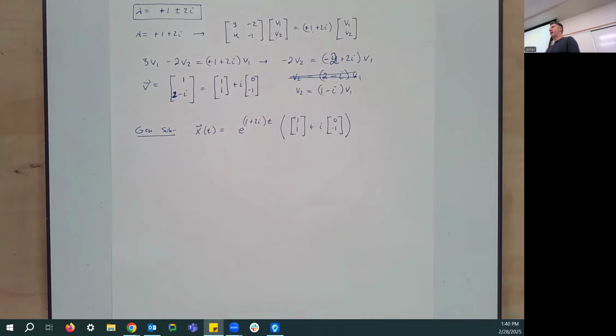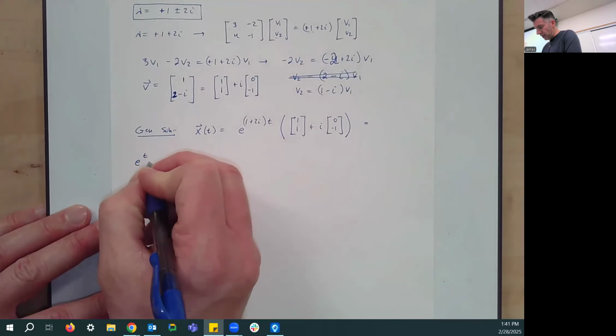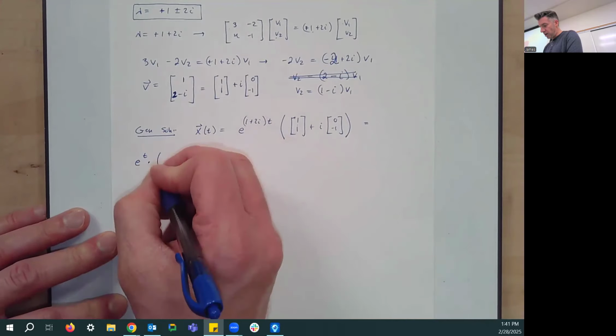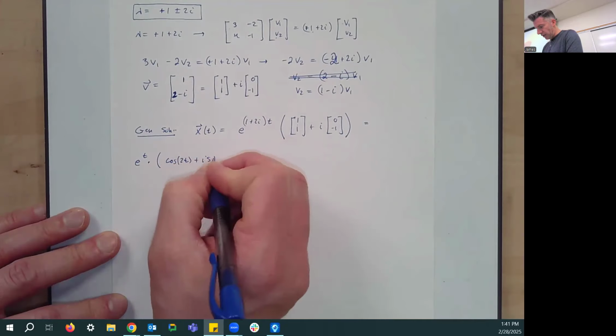I would try to do this writing as little as possible, showing enough work. Normally, if I was showing this as an instructor, I'd probably write e to the t times e to the 2t times i. I'm going to skip that and write e to the t times, since I know that e to the 2t times i is going to be my cosine of 2t plus i sine of 2t.